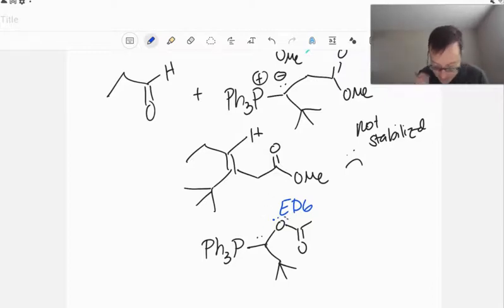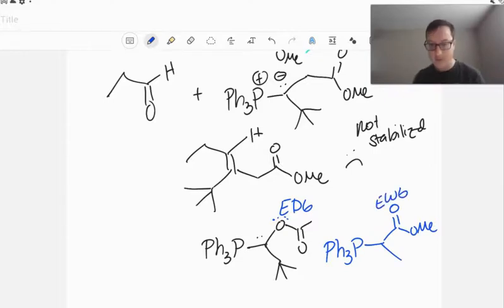So that's an electron donating group. It has to be the carbonyl side of the ester. Lots to think about. I'll draw the opposite one just so we can see. The same group, but flipped around. Now it's stabilized.